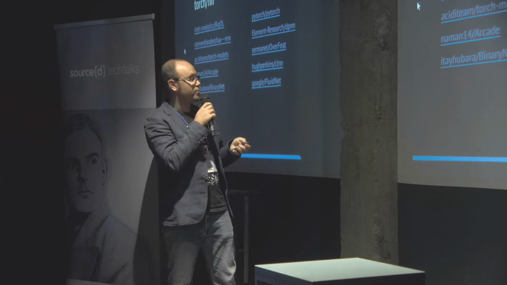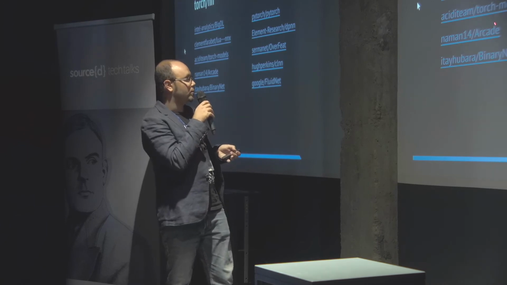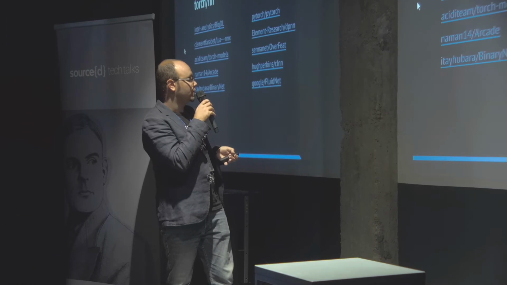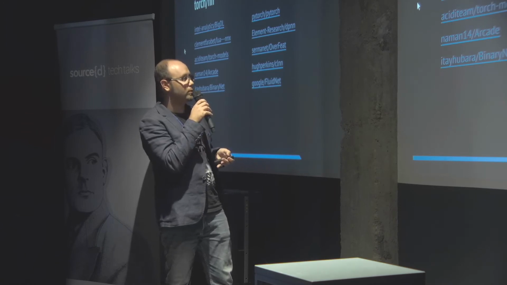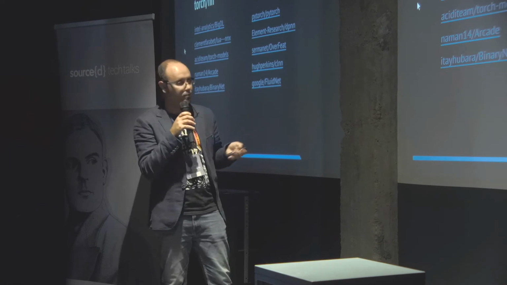But we still were able to find it, and this is really good. Of course, we found some models from Torch, different models, FluidNet from Google, and we found PyTorch.